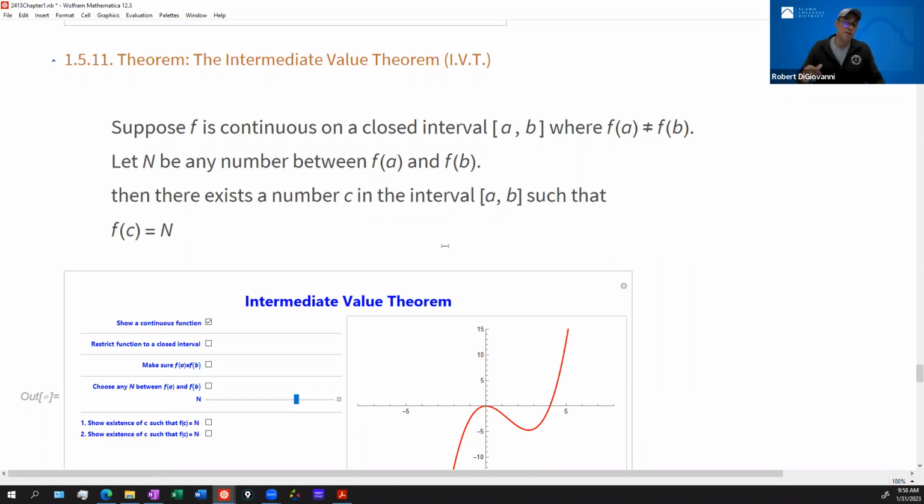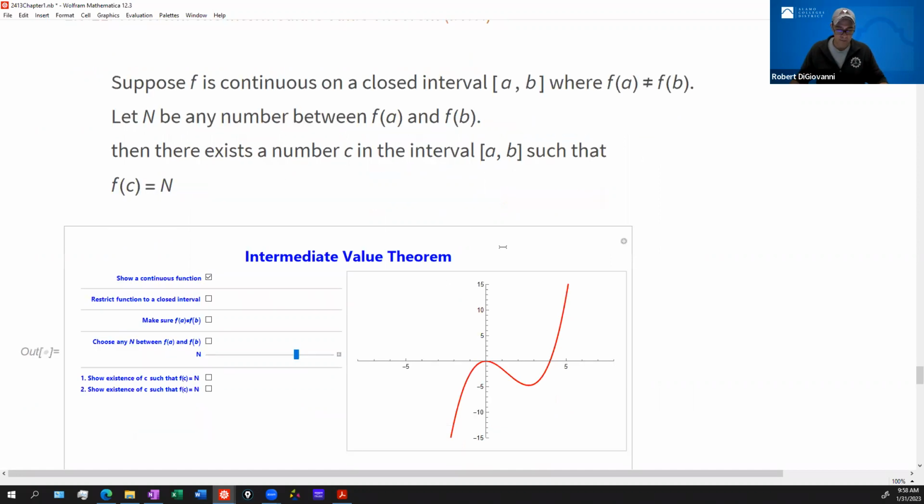But we use this theorem a lot, especially computer science majors. Computer science people use this theorem when they're programming a computer to do things. So let me get to the theorem first, and then we'll get back to the usefulness of this. All right, so here's the theorem.